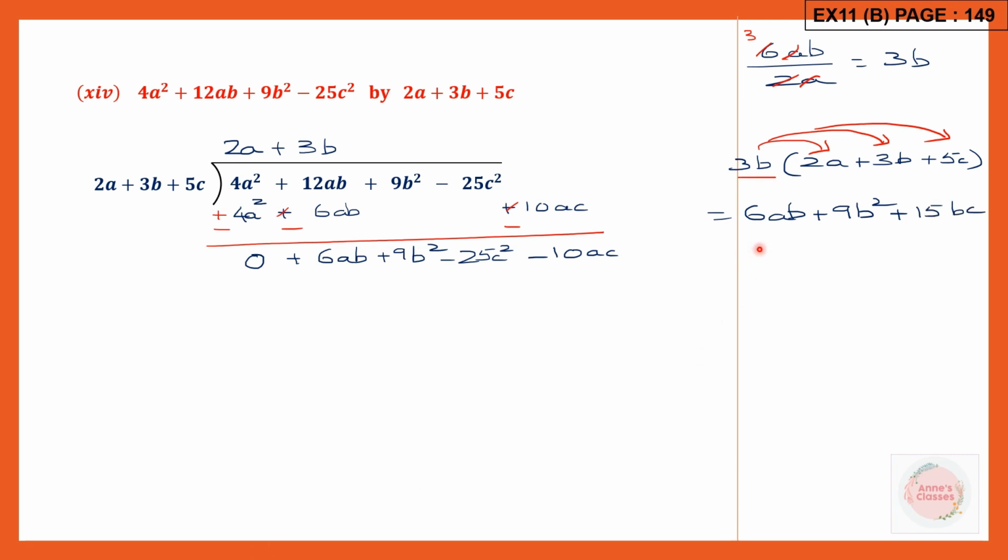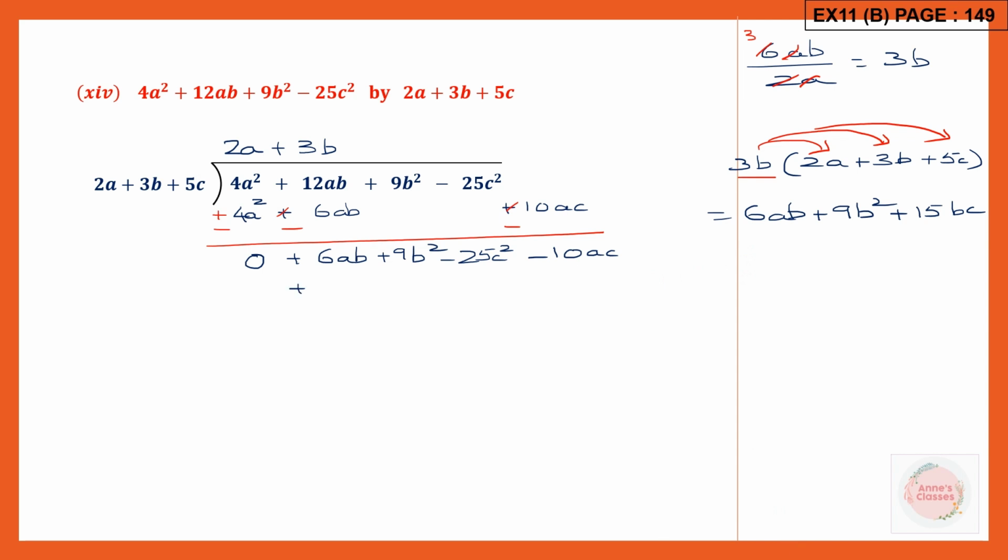So now we have this, we have to write it below this. Again, look for the like terms. So here we have ab, I can write it below ab. I have b square, I have to write it below b square. Now I have BC, but I don't have BC, so I have to make another column for BC. So let's write that down carefully.